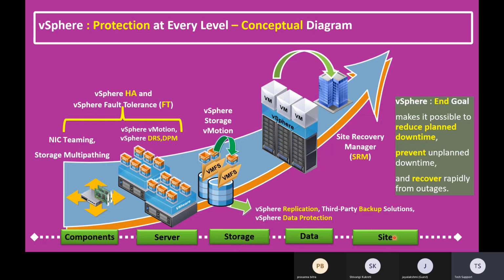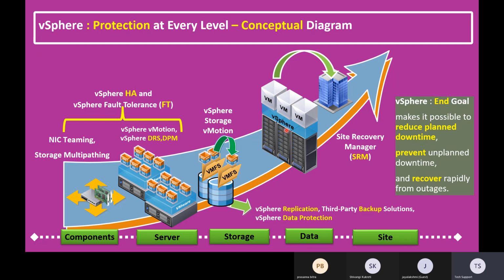Now let's talk about site level protection. How we can provide site level protection is, let's say within my site, I have multiple racks running ESXi hosts and n number of virtual machines. If any site is unexpectedly down, say there is an earthquake or any natural disaster on an entire site, and you are using the Site Recovery Manager tool, this tool will always replicate your data from the primary site to the secondary site.